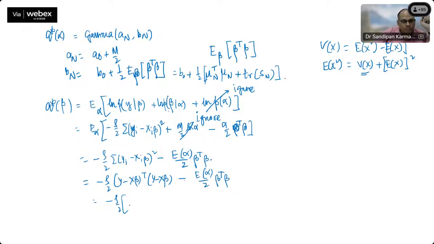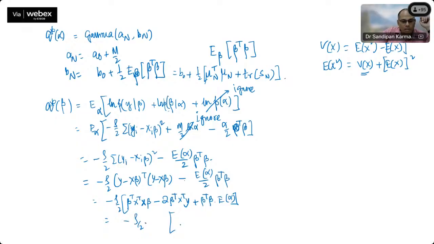Then beta transpose X transpose X beta, as we were doing yesterday for Gibbs sampling. The same kind of thing will be coming here also. Then minus 2 beta transpose X transpose y, plus beta transpose beta multiplied by the expectation of alpha.